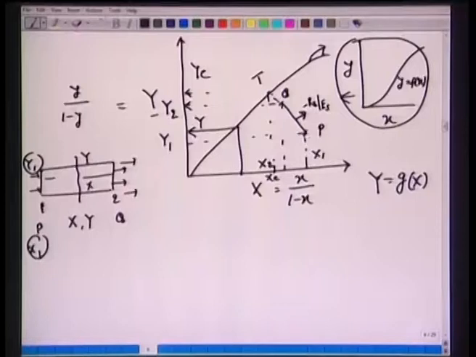Alright, so we have one point here, PQ, and now we have T point here. So let's try to understand the difference between the operating curve and the equilibrium curve. The operating curve gives us the relation between capital X, the mole fraction in the bulk phase, in terms of the bulk concentration of the other phase. So given x, we can find out y, or given y, we can find out x.